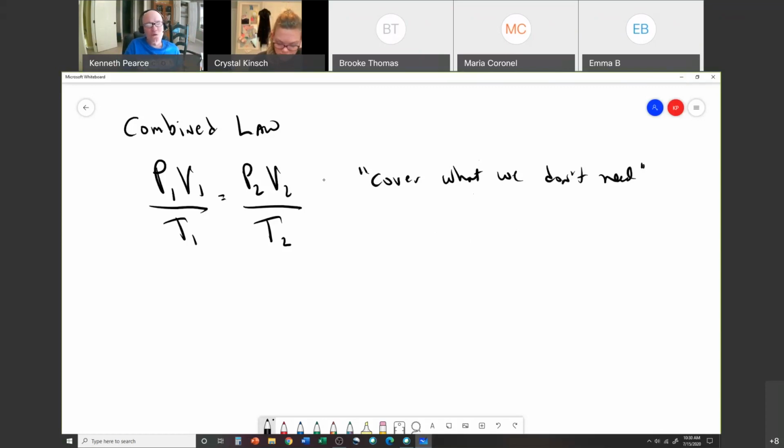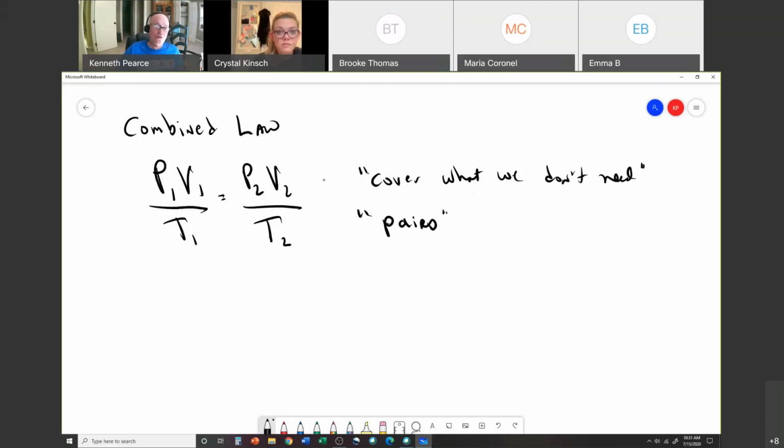What that means is usually we're working in pairs, which means usually we're holding something constant, and we don't even mention it in the problem because it doesn't change.